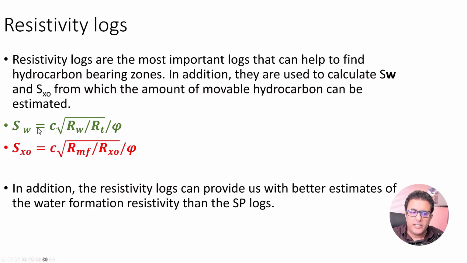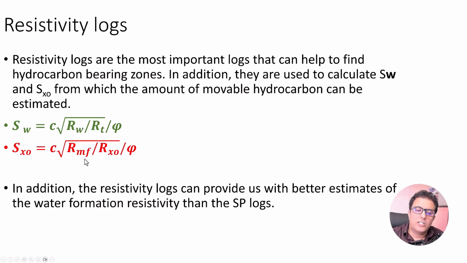In order to obtain SW, we need two resistivities. One of them is RW and the other is RT. RW is the resistivity of formation water, and RT is the resistivity of the virgin zone. And then for SXO, we again need two resistivities.